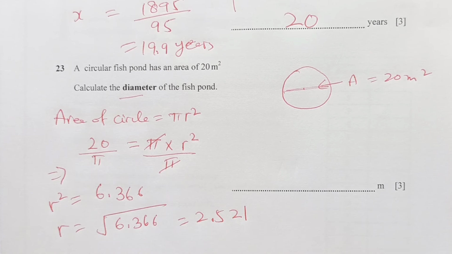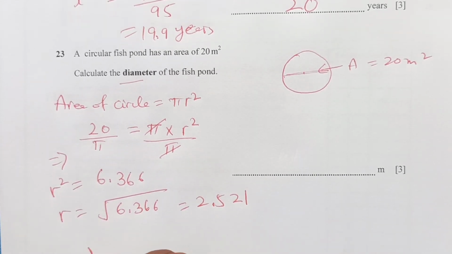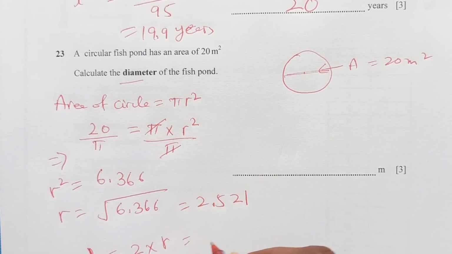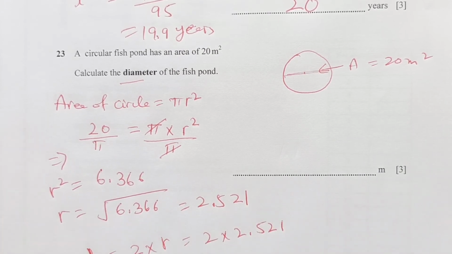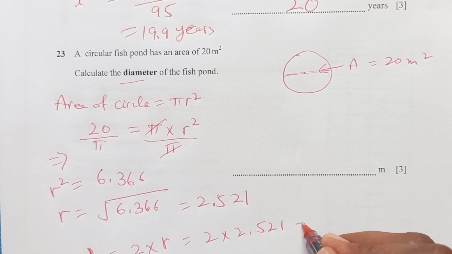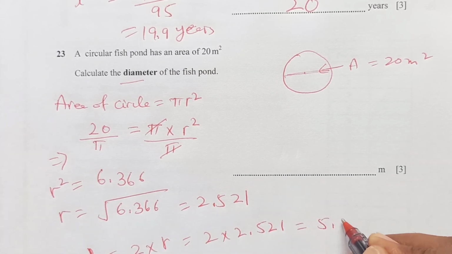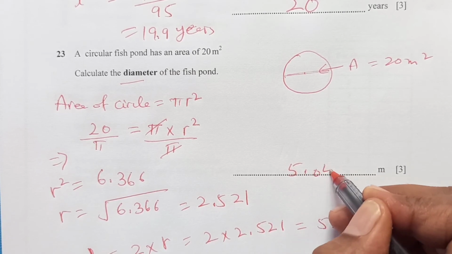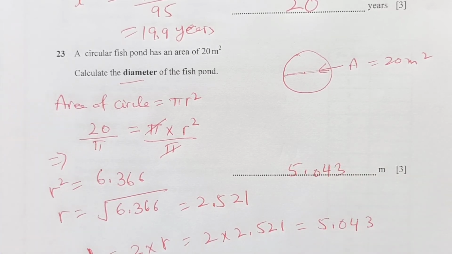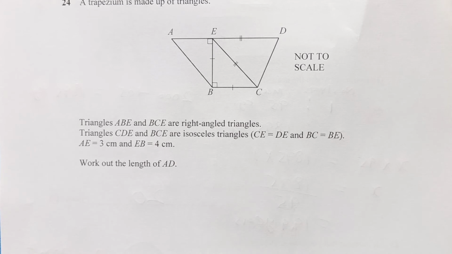So this is the radius. We need the diameter. Diameter is twice the radius, so 2 times r, which is 2 times 2.521, so it is 5.043, right? So this will be the answer, 5.043 meters, right?